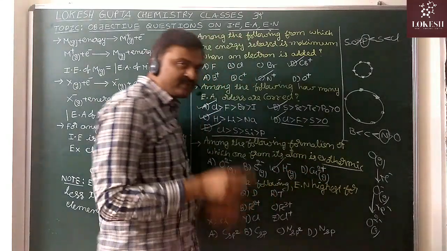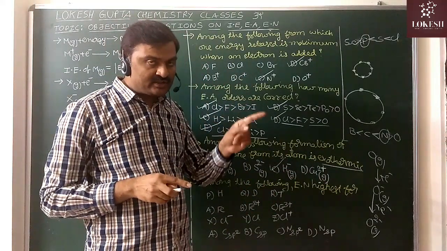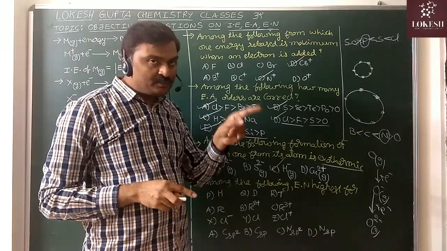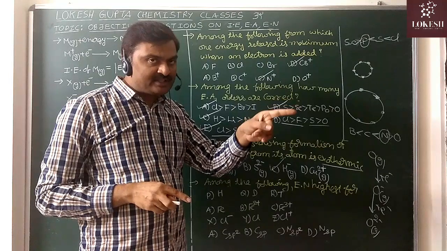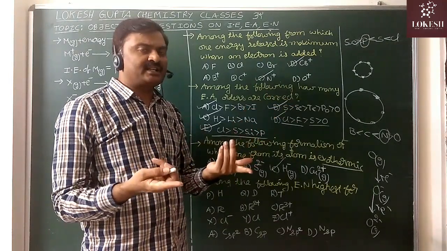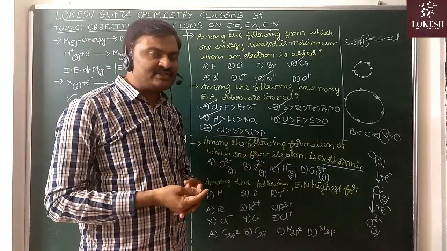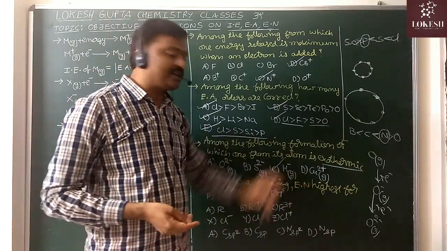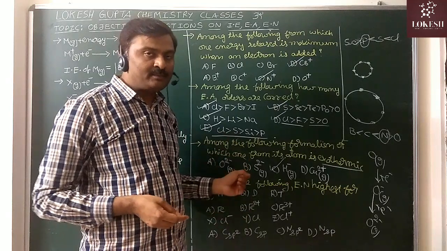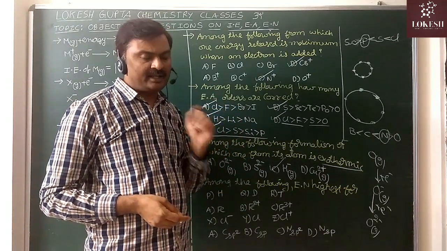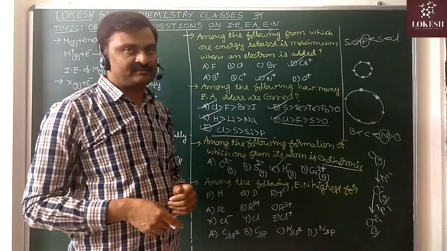Copper gas gives rise to Cu plus gas plus electron, IP1. Cu plus gas gives rise to Cu2 plus gas plus electron. Second electron we have to remove. So it is IP1 plus IP2. IP values are endothermic. So it is also endothermic. So formation of hydride gaseous ion from hydrogen atoms is exothermic.